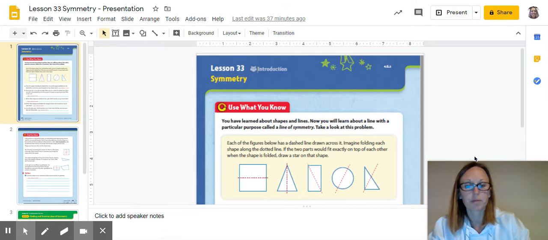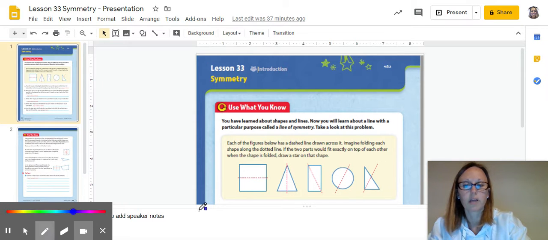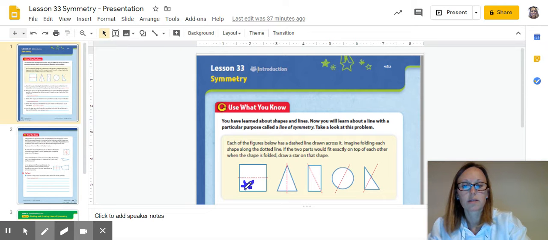on that shape. Okay, so if we folded this over this, would it match up completely? Is this a mirror image of this? And the answer is yes. Sorry, it's kind of a funny star. Then we have this isosceles triangle.